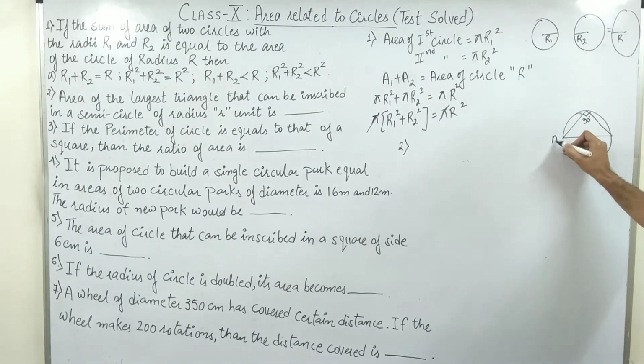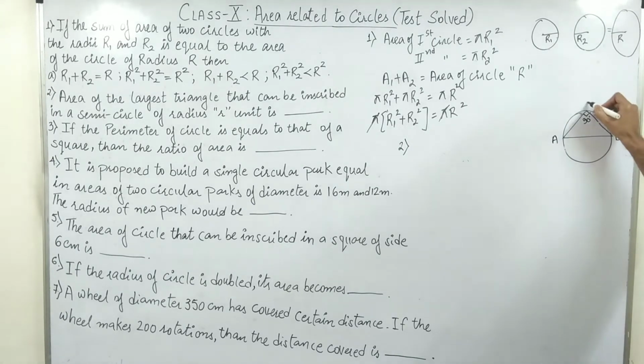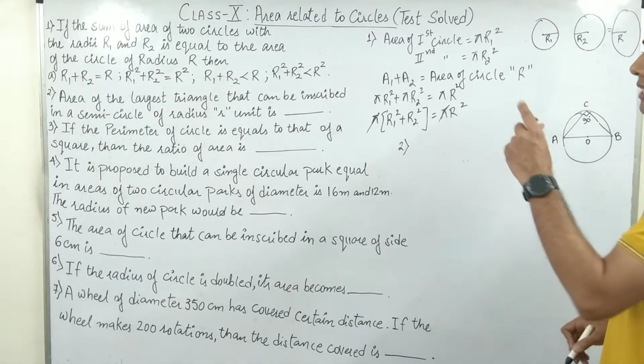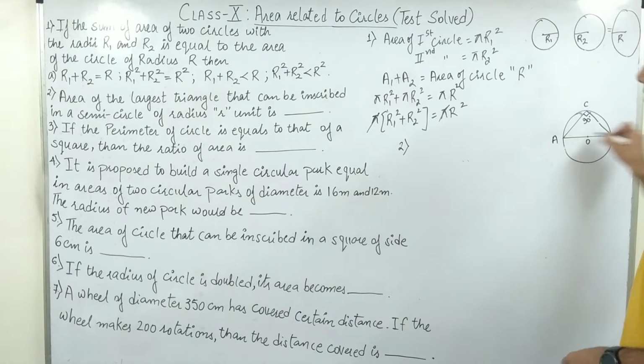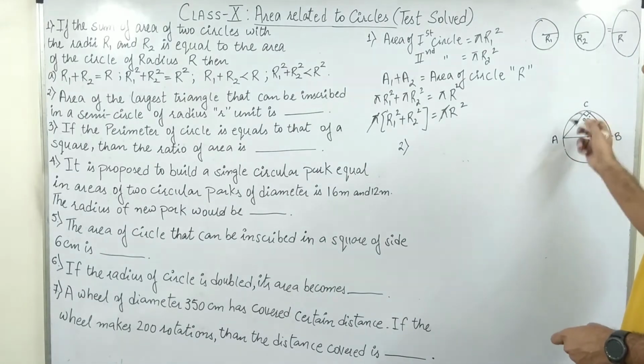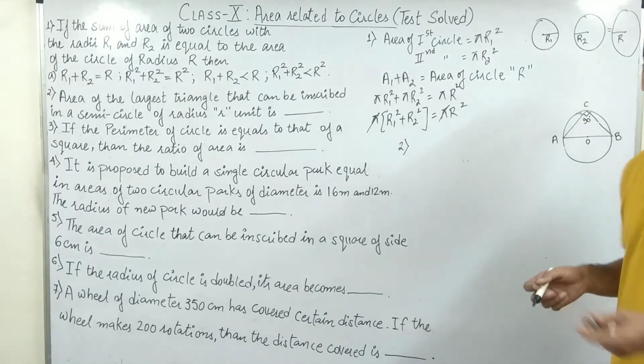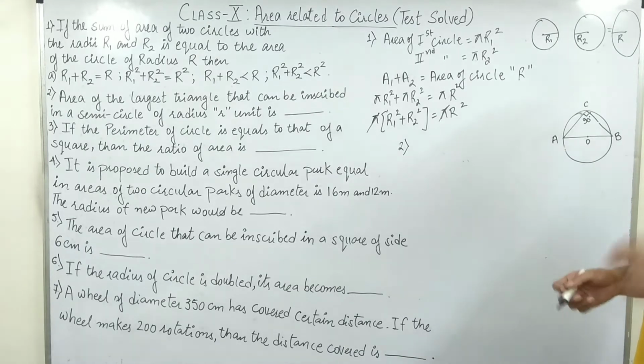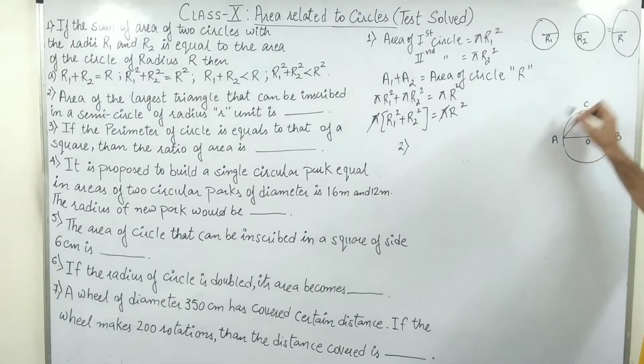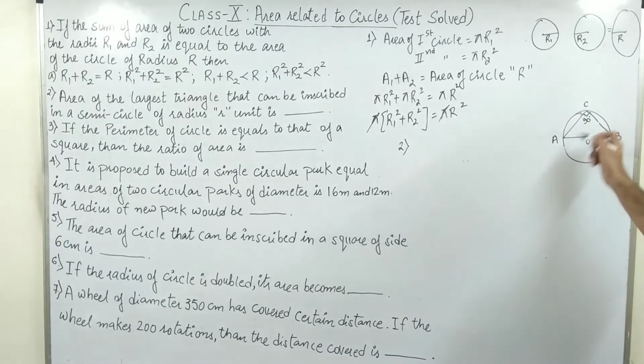So let's mark this part as A, B and C, and this is O. Now let's see. They are saying the area of the largest triangle that can be inscribed in a semicircle of radius r unit is. The biggest triangle which you can make has to get the diameter as one of its sides.